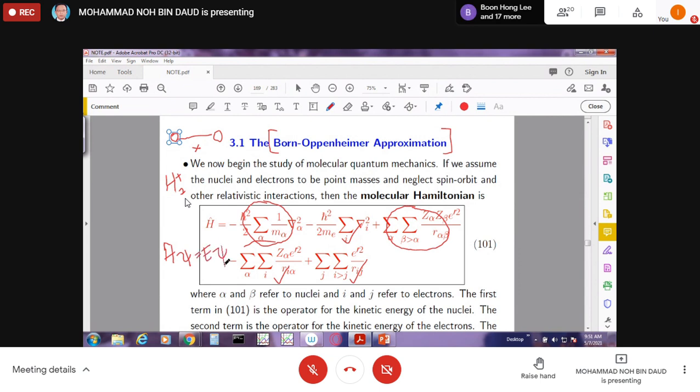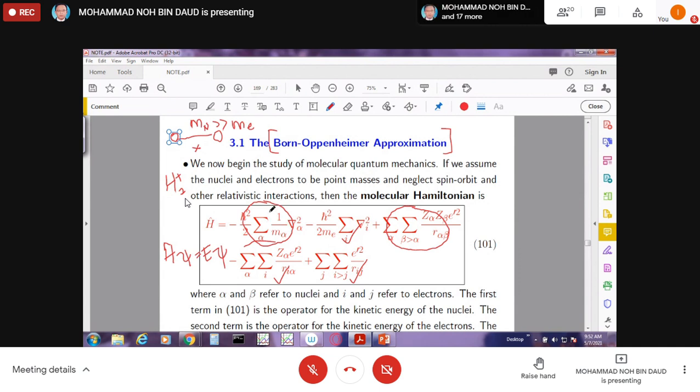you cannot solve this analytically, it is not an easy differential equation. Because we know the nucleus is much heavier than the electron, you can take out this kinetic energy.